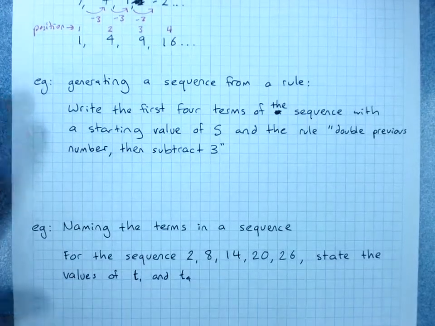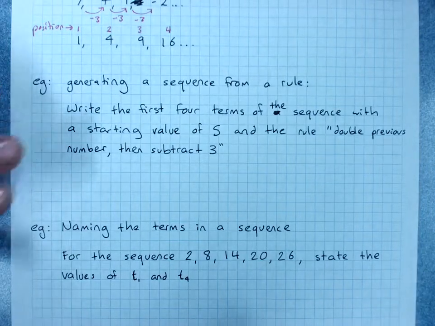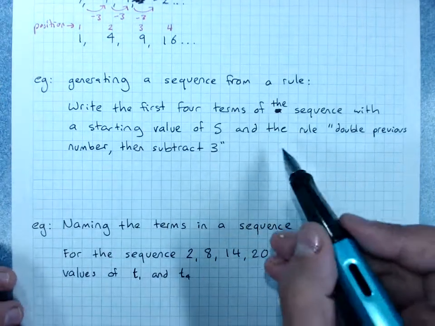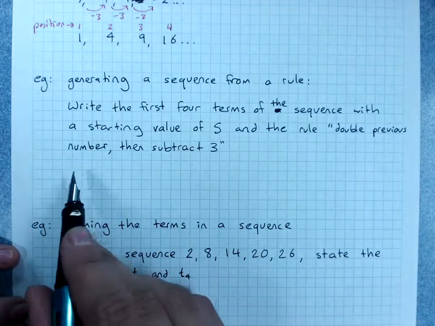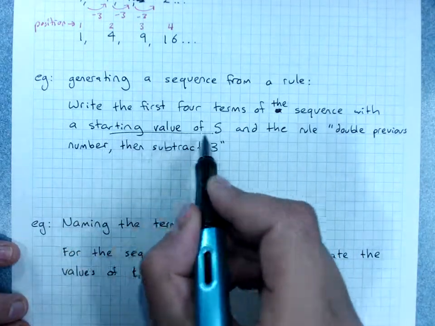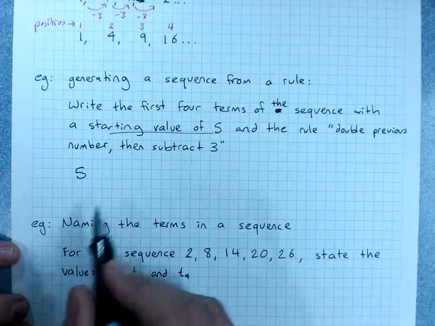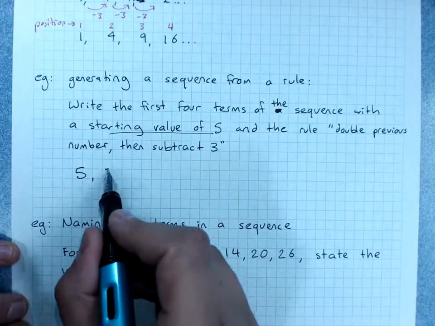One of them is generating a sequence from a rule. So write the first 4 terms of the sequence with a starting value of 5 and the rule double the previous number, then subtract 3. Now we've got a couple of ways we can do that. Obviously we start at 5, then we double 5, that would be 10, take away 3, 7.